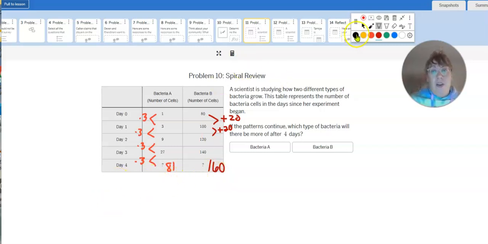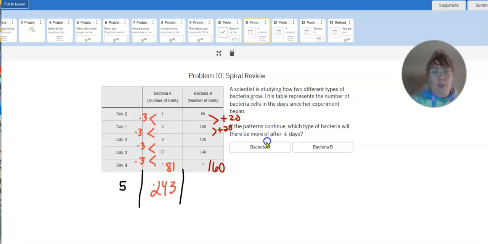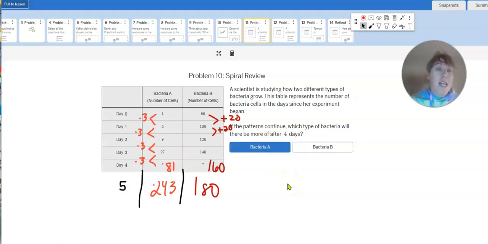And then the next one on day 5, we would have 81 times 3, which would get us 243. And 160 plus 20 is going to get us 180. So we can see that bacteria A is definitely going to have more after 4 days.